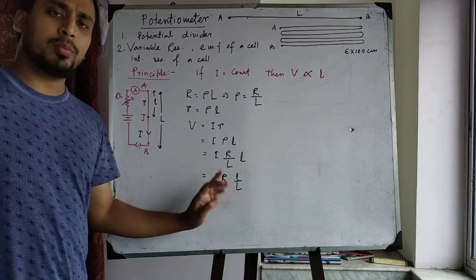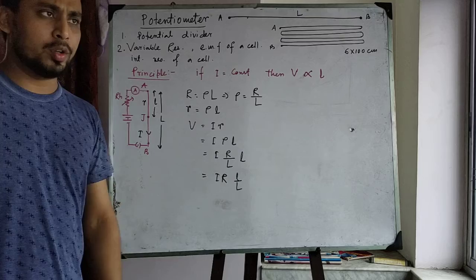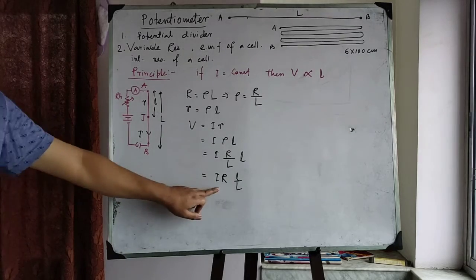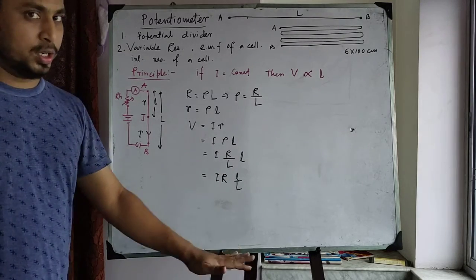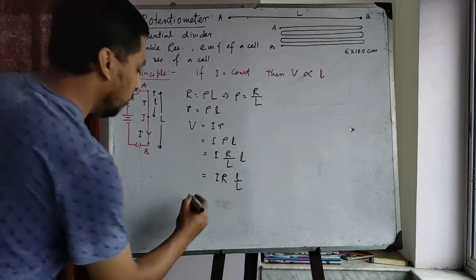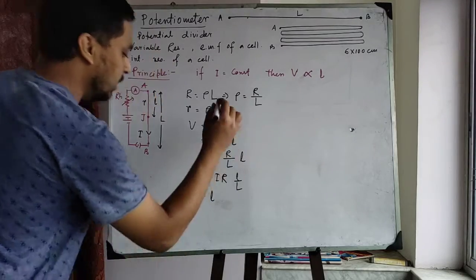L, the total length of the potentiometer, is again a constant. Now, if the current is constant, then V is proportional to l.